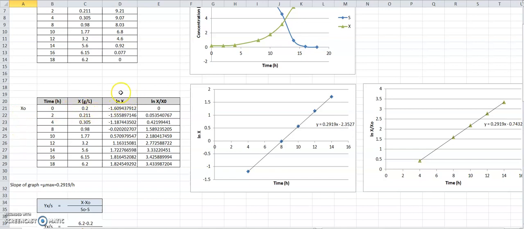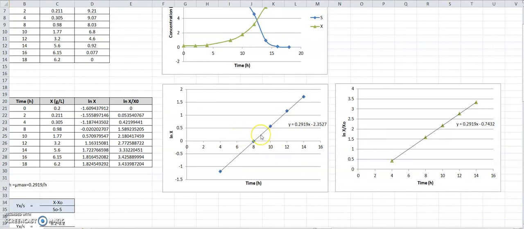So you can have the data of ln x or ln x over x naught, either one. Then you plot ln x versus time, or ln x over x naught versus time, and you will find that you have a line.